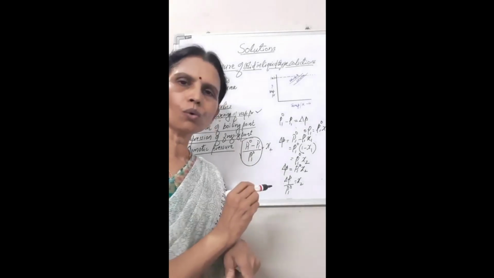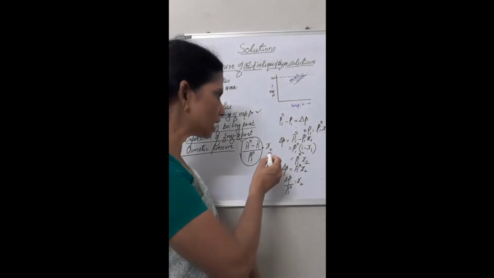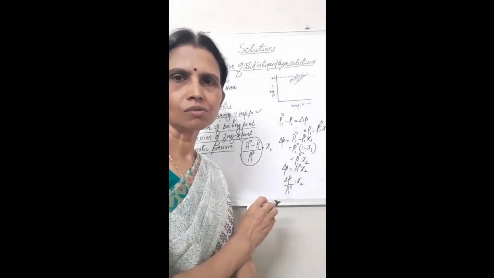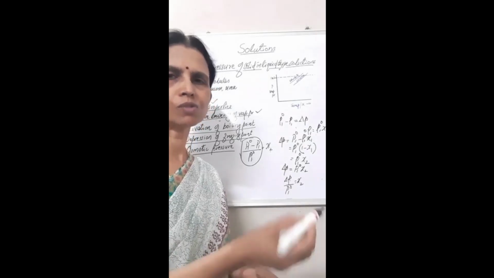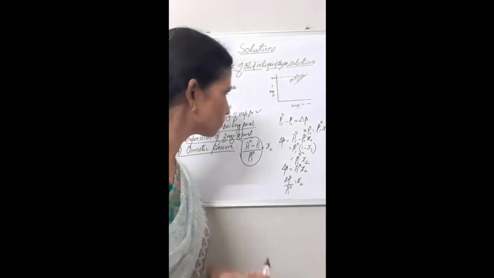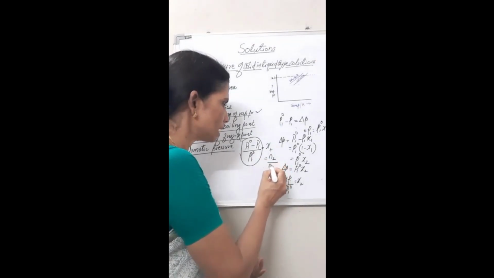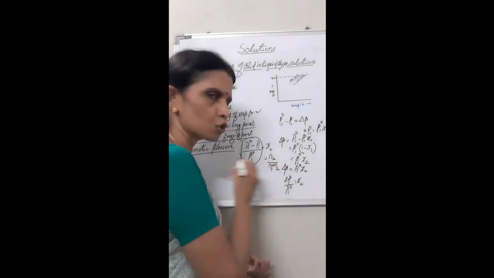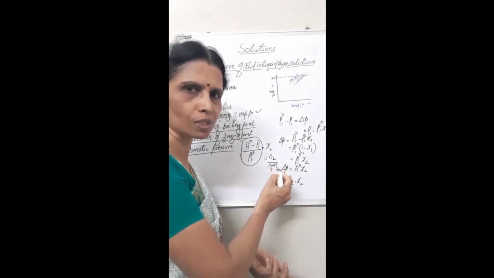If we know the number of moles of the solute and the solvent, we can find the mole fraction of the solute. So if N1 and N2 are the number of moles of solvent and solute respectively, X2 is equal to N2 by (N1 plus N2), where N1 plus N2 is the total number of moles.